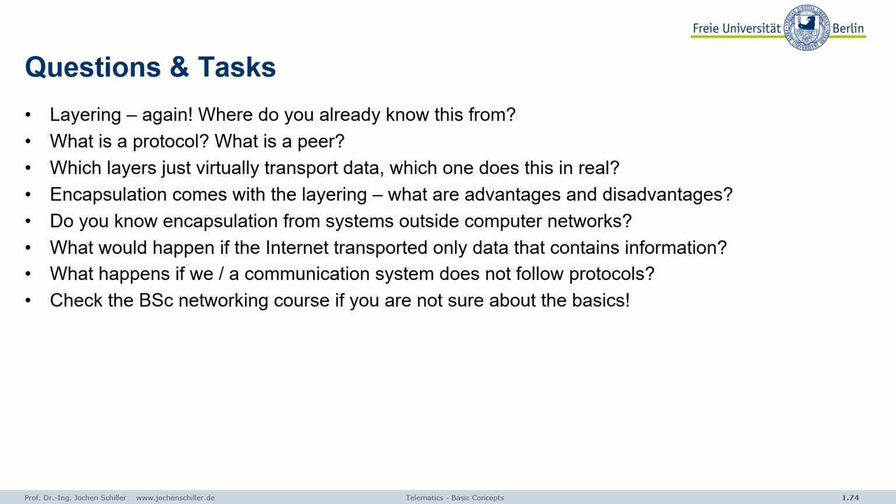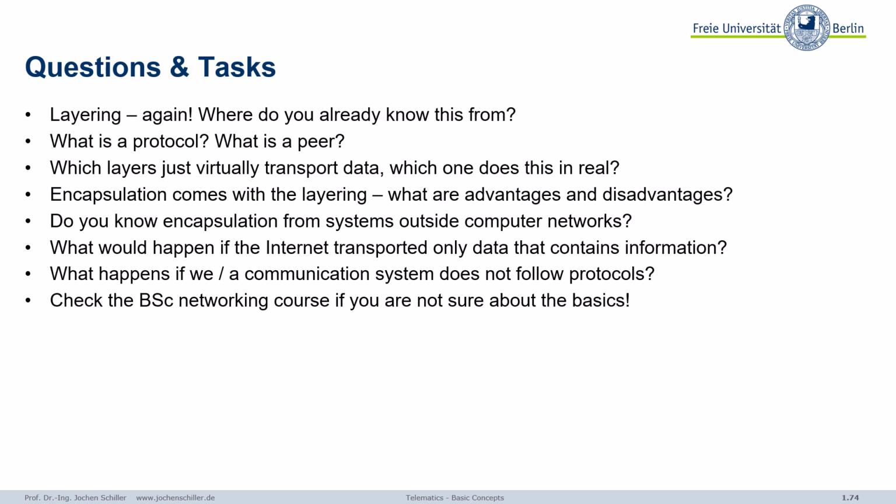Then if you think of all the layers, most of the layers only do some kind of virtual transport of data, and which layer is really transporting something, data, signals, etc.? You saw a lot of encapsulation, so adding some headers, sometimes trailers to data. Why do we do this? What are the advantages? What are the disadvantages? And do you know this encapsulation from other systems outside of computer networks?